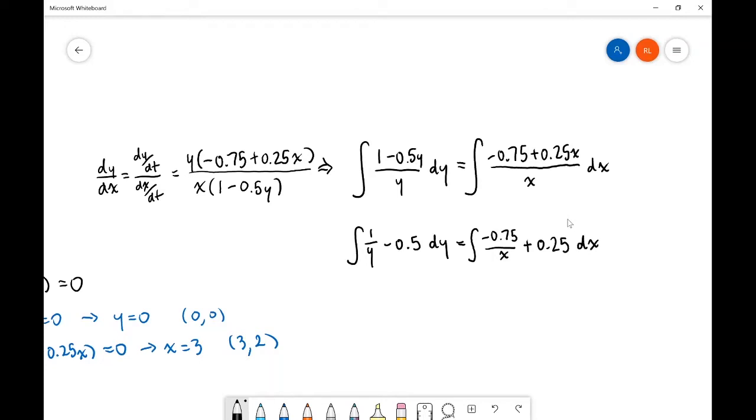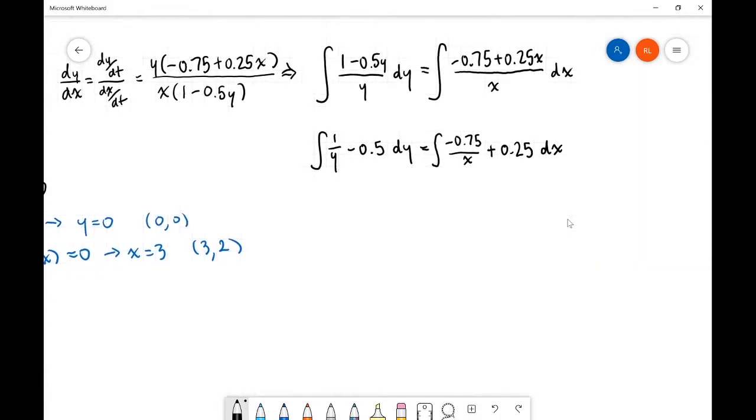Now, if we just take the integral of both sides, this shouldn't be too bad. We get natural log y minus 0.5y is equal to negative 0.75 natural log x plus 0.25x plus c.